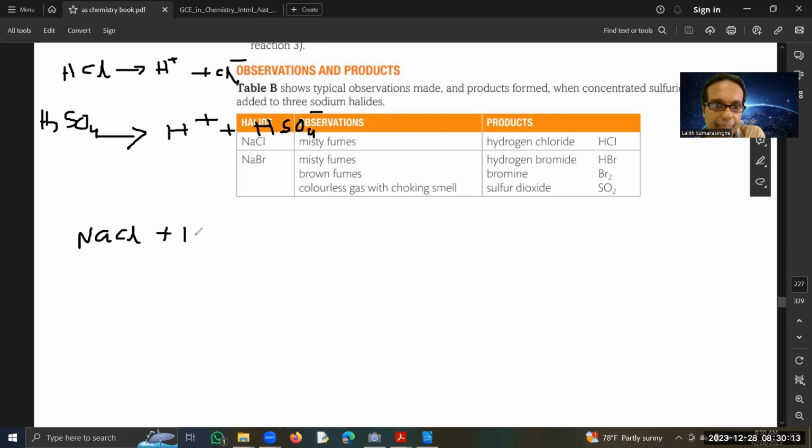Now we'll take the reaction of sodium chloride with H2SO4. It's something like sodium hydroxide producing sodium sulfate and water. Now this is what will happen. It will give an H plus, which reacts to produce HCl.